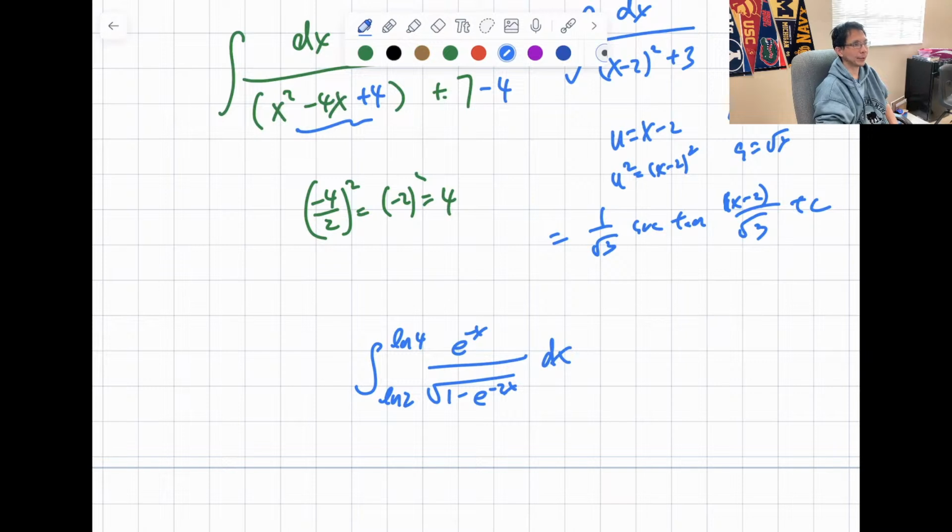Very important piece. Me and my dad had a fight about that last night. He's like, Kevin, you always forget to put dx in your problems. I still don't really get why it's important.